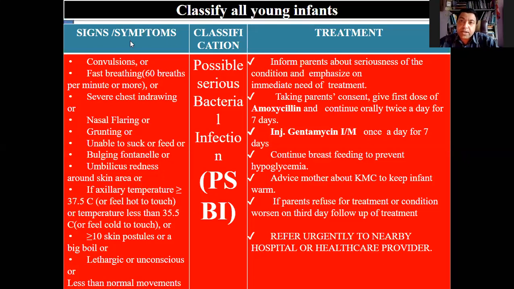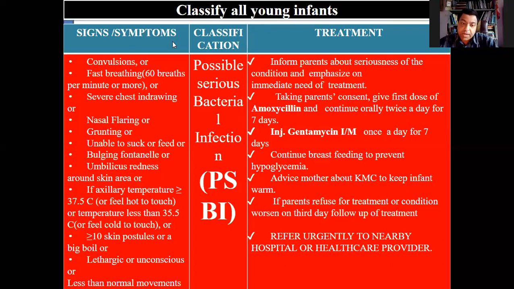If only convulsion or fast breathing, 60 breaths or more per minute. So if it's a 0 to 2 month infant, and it's 60 or more breaths per minute, then you can suspect PSBI or pneumonia.